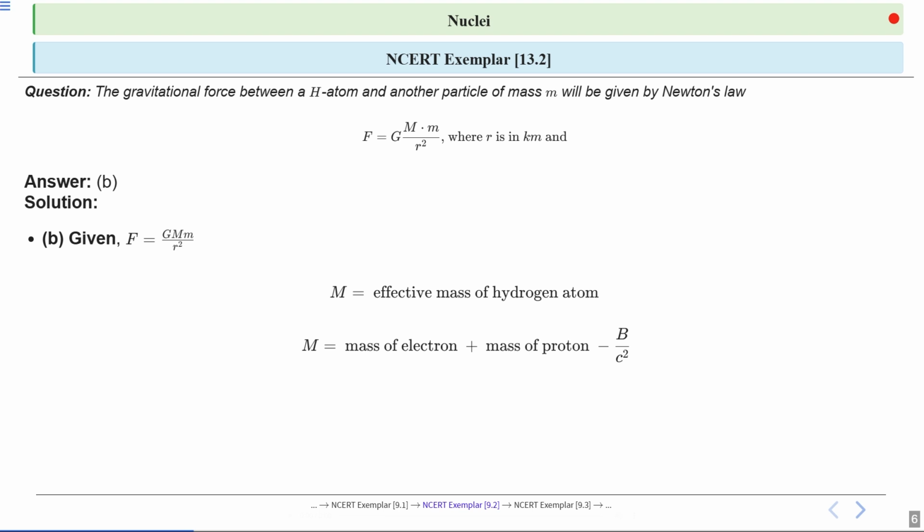Now capital M is calculated as the sum of the electron and proton masses minus B upon C square, where B is the binding energy of the hydrogen atom, which is equal to 13.6 electron volt. Binding energy is the energy equivalent to mass defect. Mass defect is the difference between the total mass of the separate nucleons and the actual mass of the nucleus.